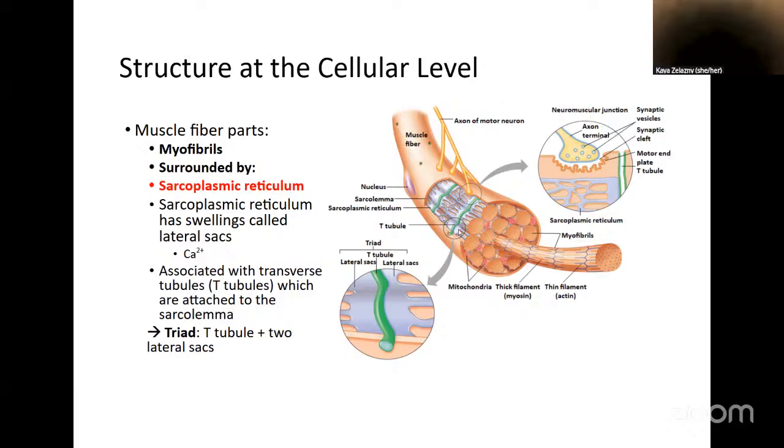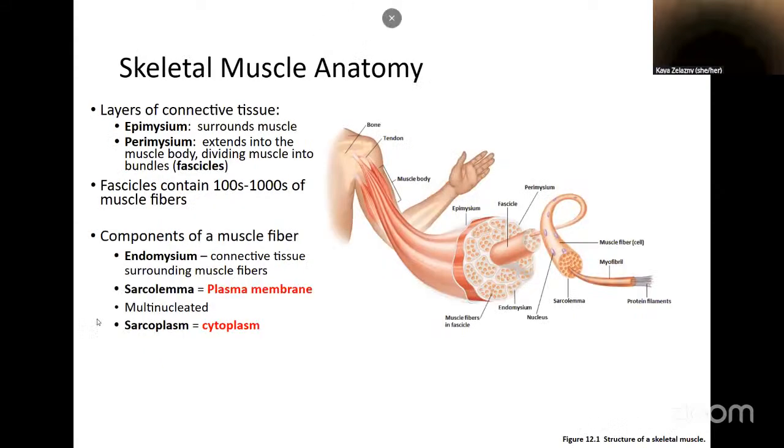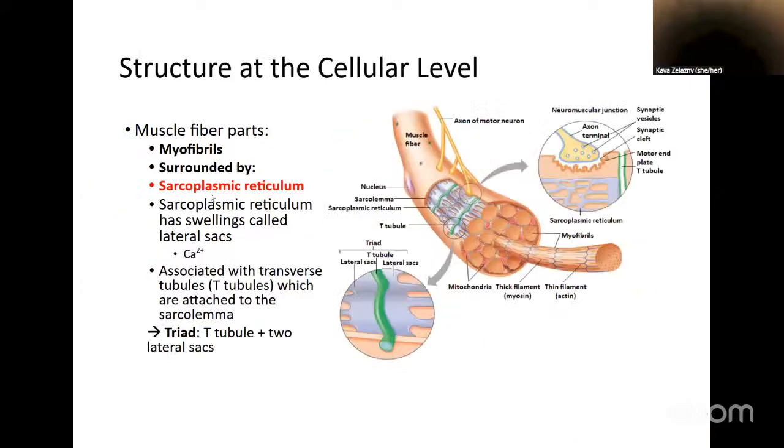So that's this purple stuff that you see here. Okay. So we had our sarcolemma as our membrane. We have our sarcoplasm as the cytoplasm. Our sarcoplasmic reticulum, kind of like a modified version of the endoplasmic reticulum that you see in a generic cell diagram. But it has a really special role in a muscle cell, in these muscle fibers.